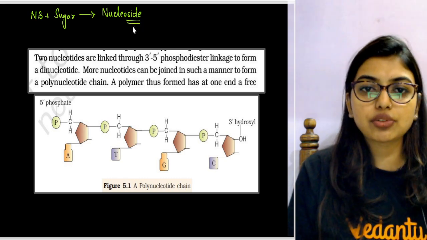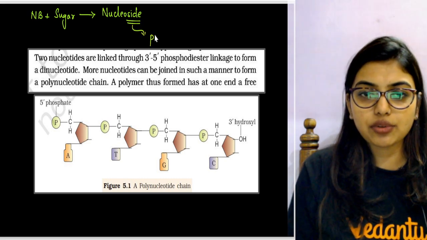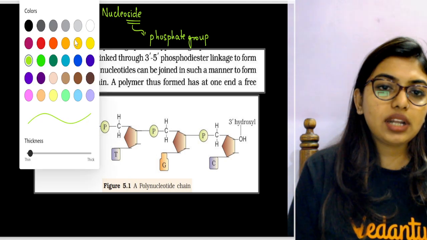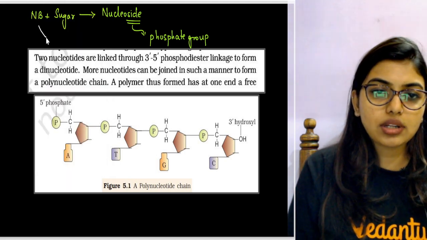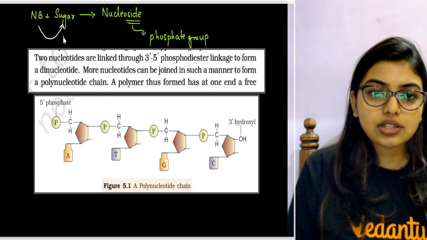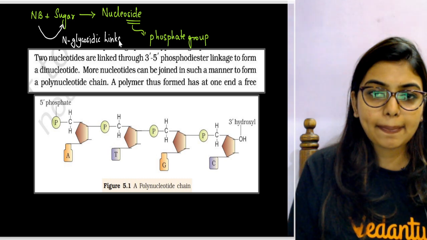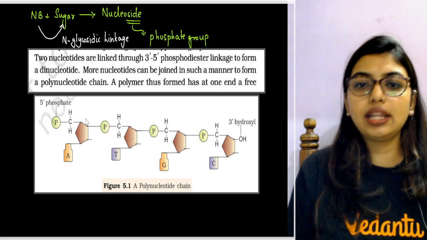Whom are they pushing to one side? The phosphate group. So the phosphate group is not included. Whenever a nitrogenous base and a sugar make a bond, it is called an N-glycosidic linkage. Got it?